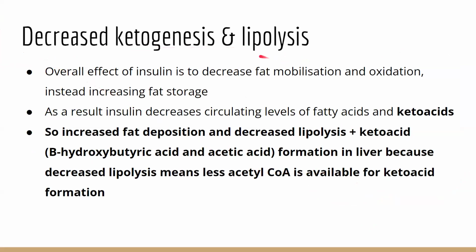Decrease ketogenesis and lipolysis. So the overall effect of insulin is to decrease fat mobilization and oxidation, instead increasing fat storage. Insulin is normally supposed to be a storage molecule, right? So whenever you're taking in, like we said, too many carbs, it's going to be glycogen, and then the excess carbs are going to be stored as fat for storage.